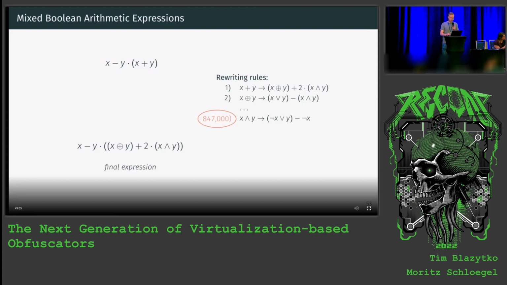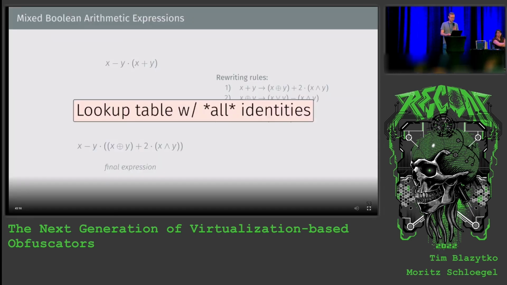So what we've been doing is we've used enumerative program synthesis to just create every expression up to a certain depth and check for equivalence. And this gave us a large lookup table of rewriting expressions. So I'd say it's fair to expect that in future we will deal with these large lookup tables with all identities or with all rewriting rules up to a certain depth.